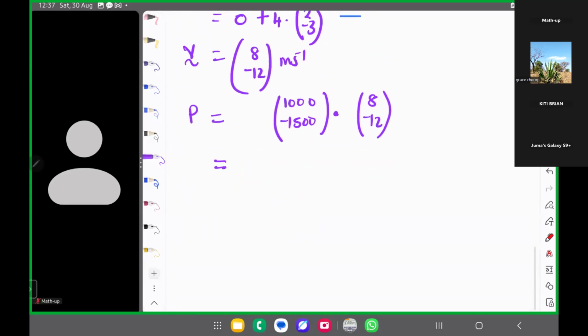So when I dot that, I'll have 8000 plus, is it 18,000?